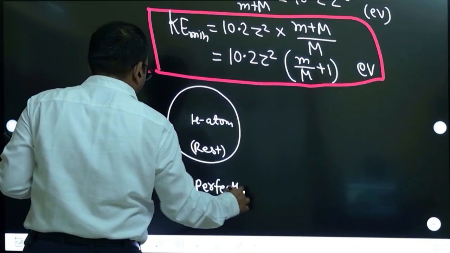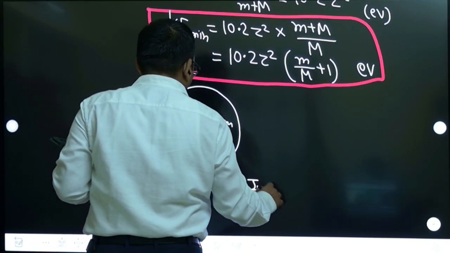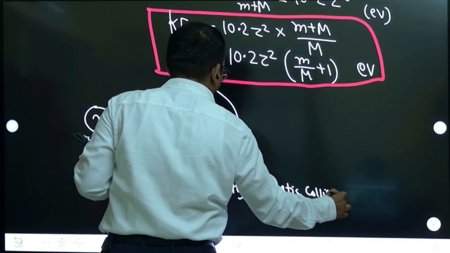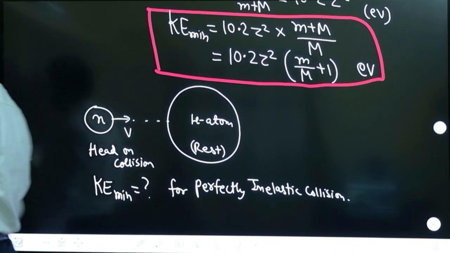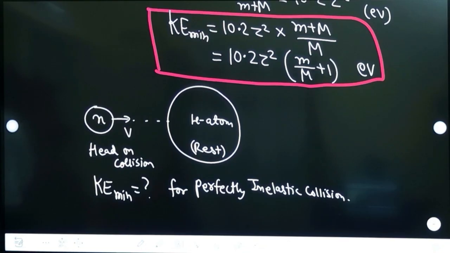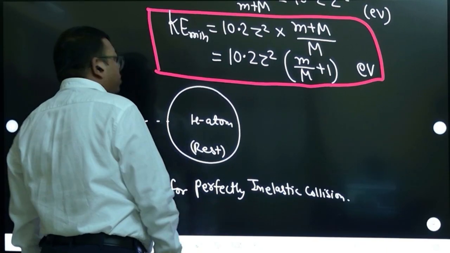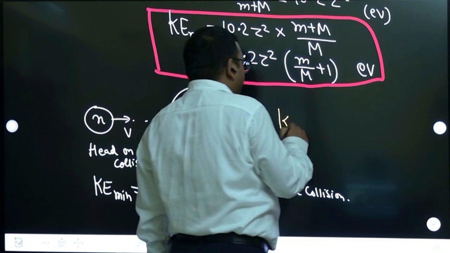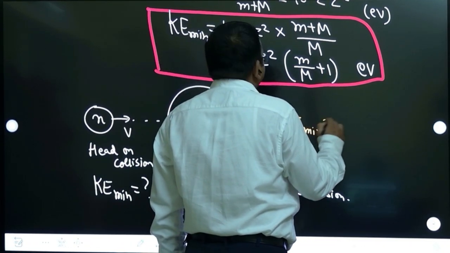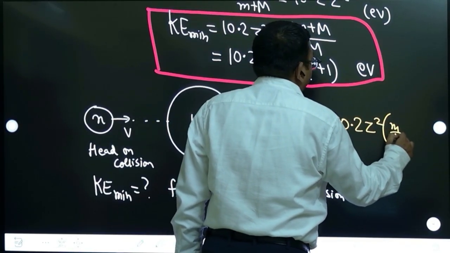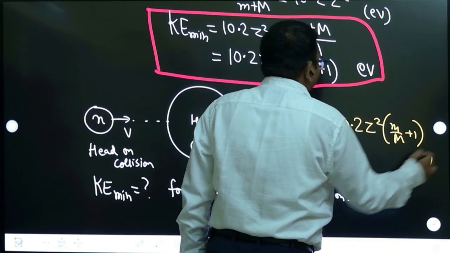Perfectly inelastic collision, what is the answer? Direct formula, one step, the answer is over. The minimum kinetic energy formula is 10.2 Z square times m by capital M plus 1, and the answer comes in electron volt.